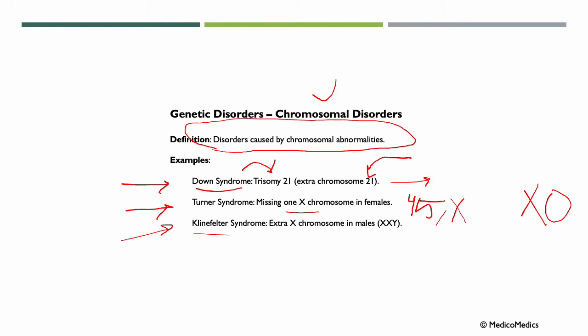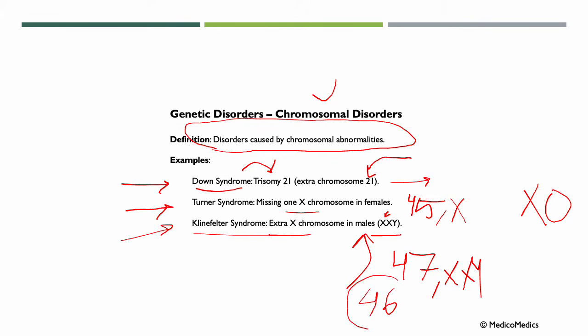And another one worth mentioning is Klinefelter syndrome, where you have an extra X chromosome in males. So this one only affects males, and you have an additional X chromosome, and this is written out as 47,XXY. And you know that we have a total of 46 chromosomes normally, 2 pairs of 23s. So here we have an extra one, and here we have 45.